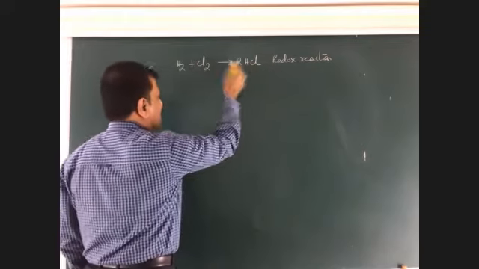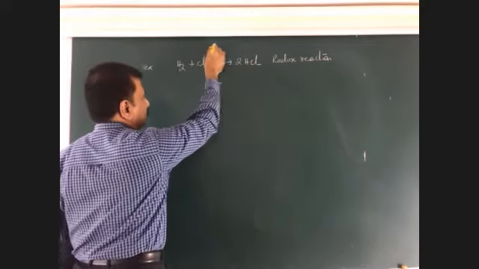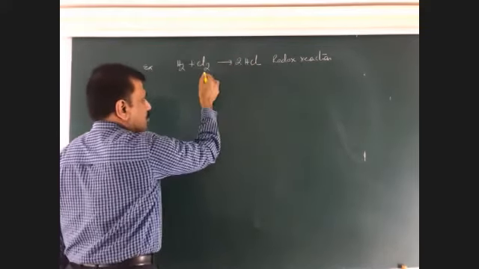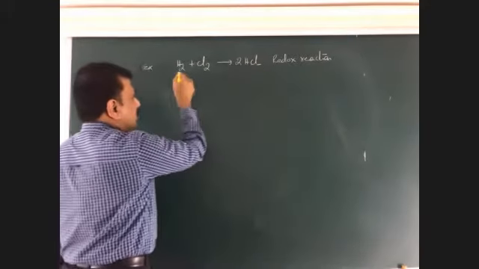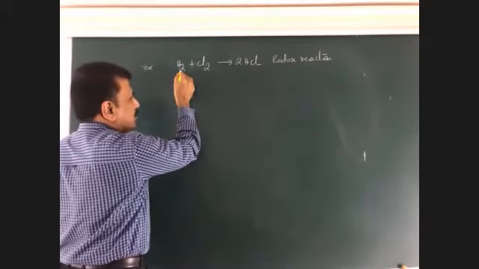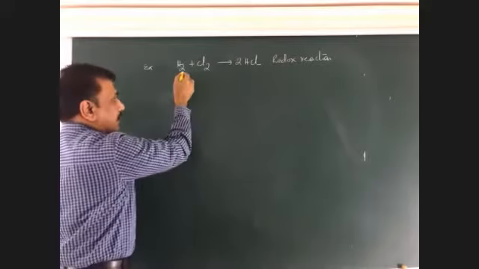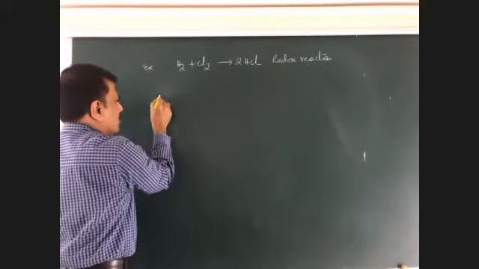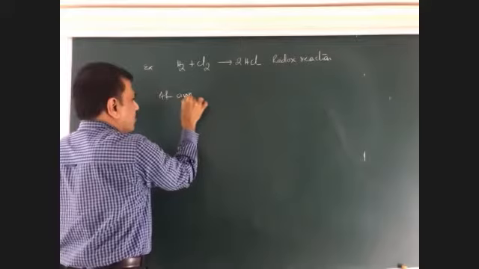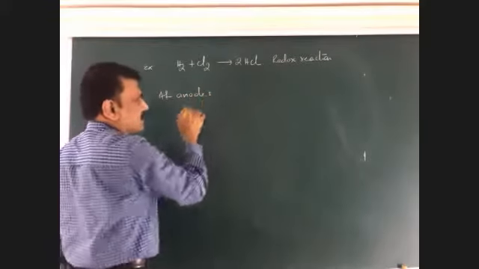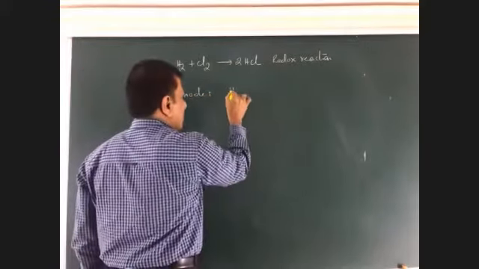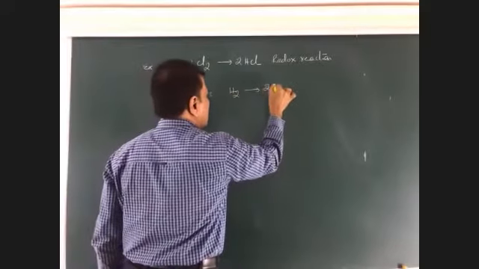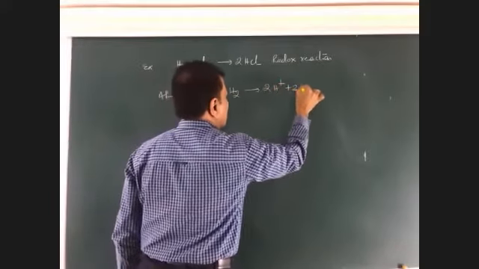So you have to identify this. Hydrogen is undergoing oxidation, chlorine is undergoing reduction. Oxidation takes place in hydrogen, therefore hydrogen acts as the anode. So at the anode, always oxidation takes place. So hydrogen changes into 2H+ plus 2 electrons.